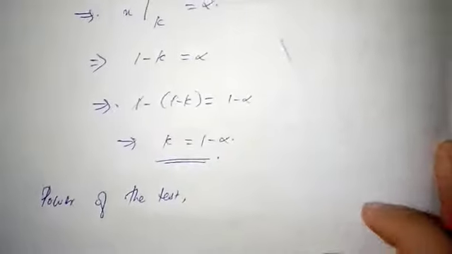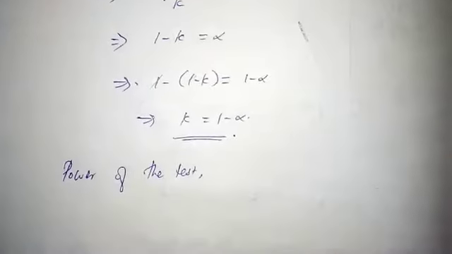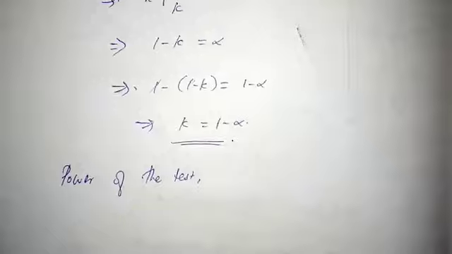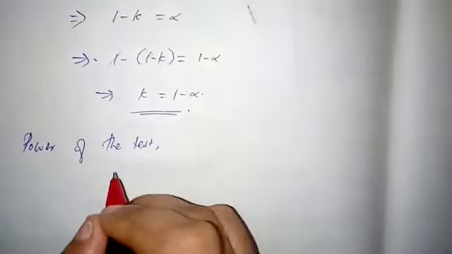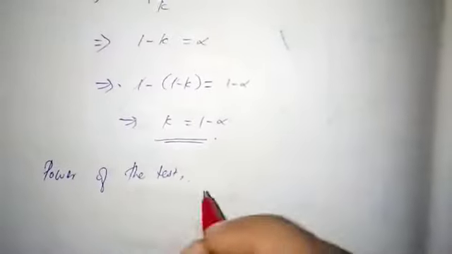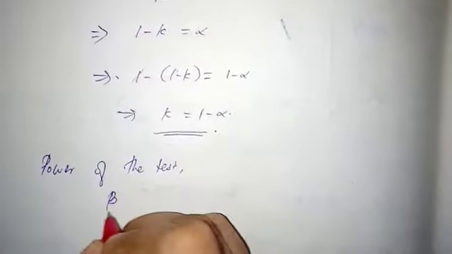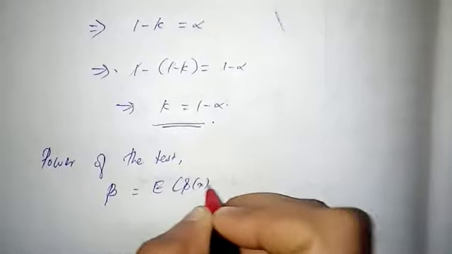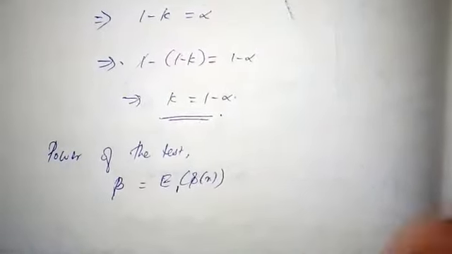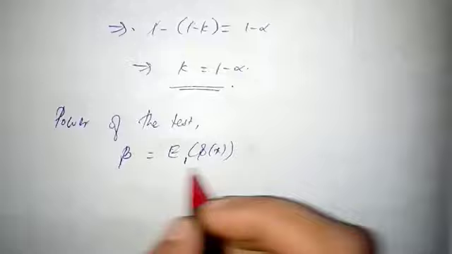Power of the test is the probability of rejecting H naught when the alternative hypothesis is true, that is beta equal to the expectation of phi of x under the alternative hypothesis H1.